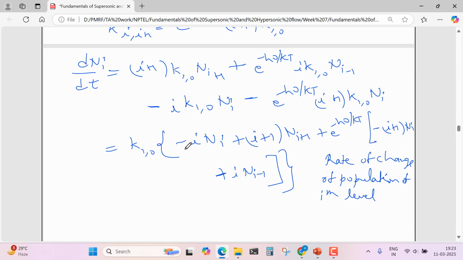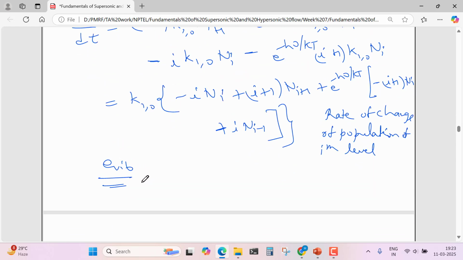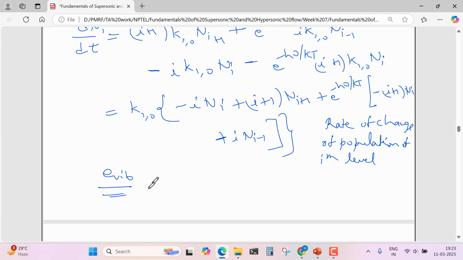So generally we are more interested in vibrational energy, so we will find the rate of change of vibrational energy. Vibrational energy is given by sigma epsilon_i n_i, i equal to 1 to infinity.